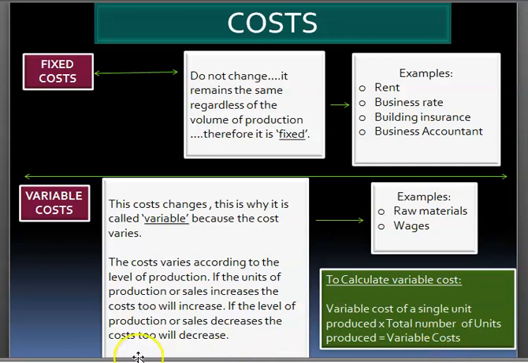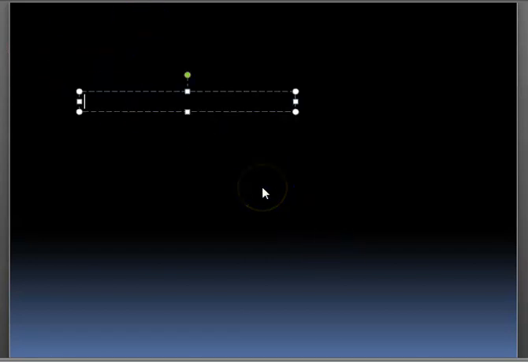So for instance, let me insert something here for you. Okay, this is a year. So let's say the variable cost to produce one item is £10.